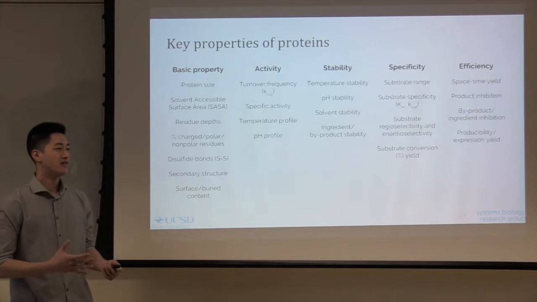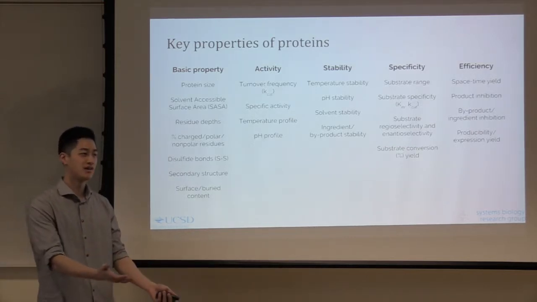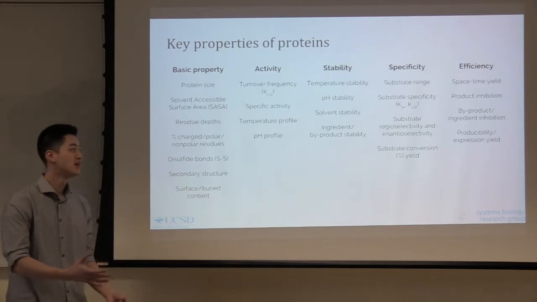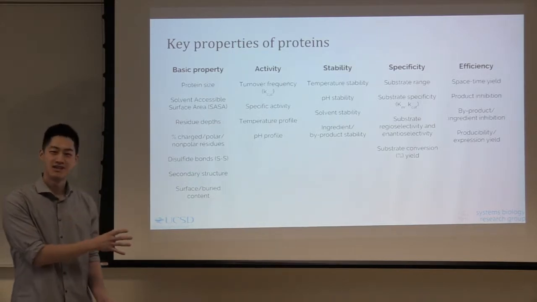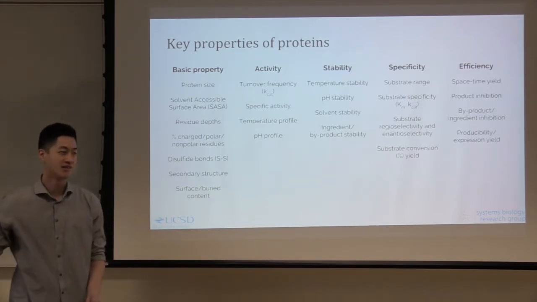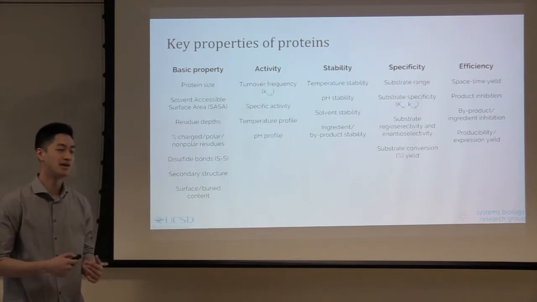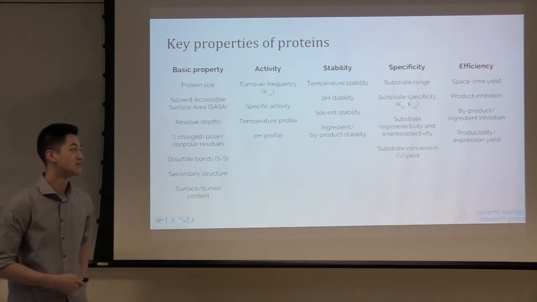If you want a high yield of the chemical that you're making in your metabolic engineering process, you're going to want a very efficient enzyme that's stable and very specific and produces a high yield of your chemical. So these are very important things for protein design people and engineers to consider in their research.